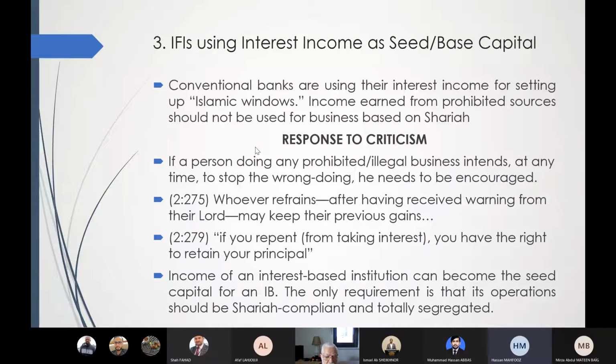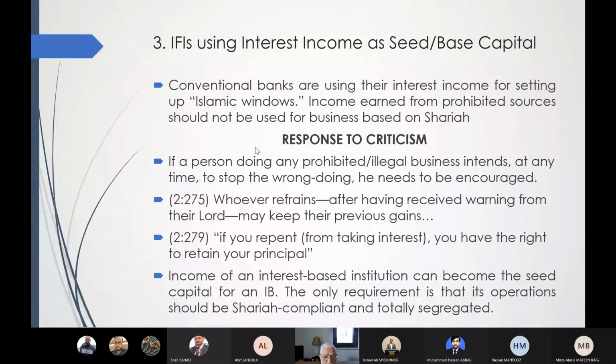And also, if you repent from taking interest, you have the right to retain your principal. So these verses are used to support the idea that you can use the conventional bank's income to set up Islamic windows.